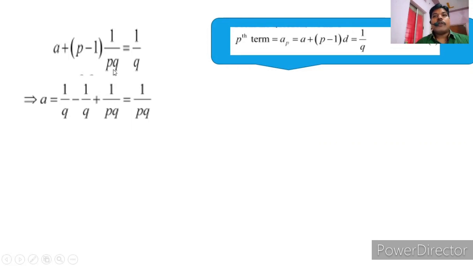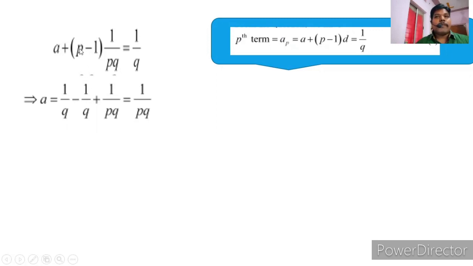Minus 1 into 1 by PQ, so that value is minus 1 by PQ. Take that side, it will become 1 by PQ.